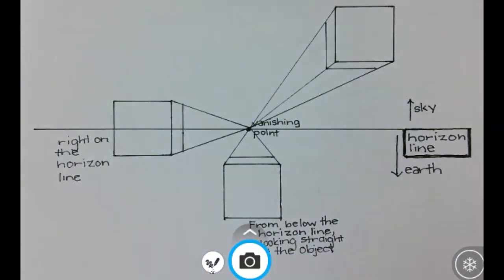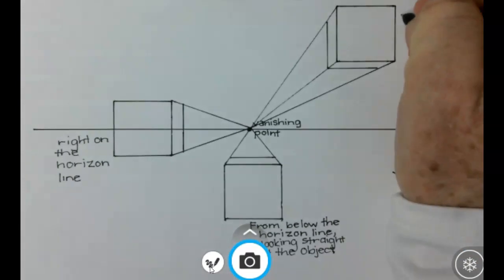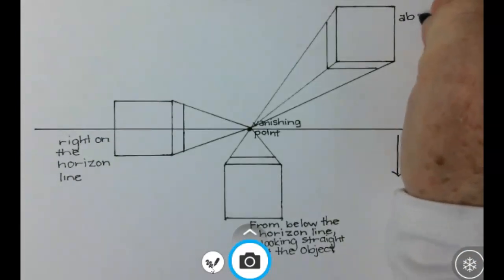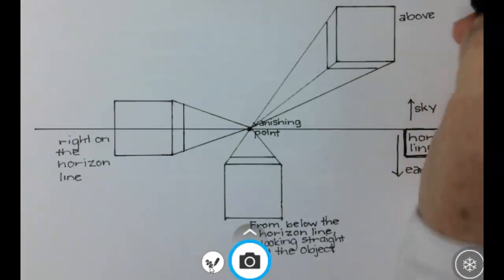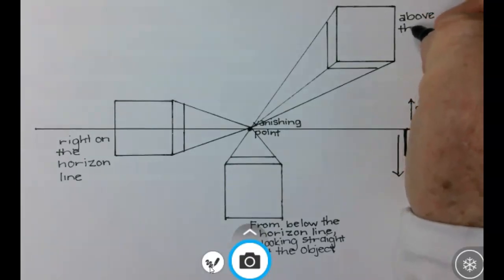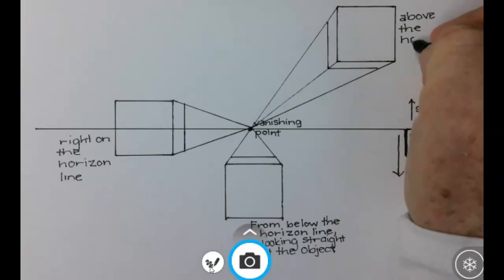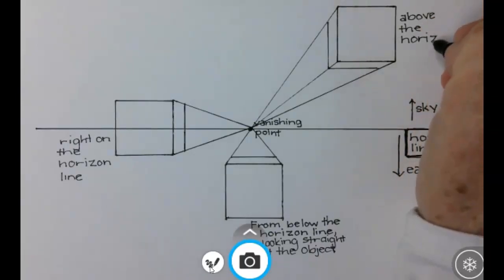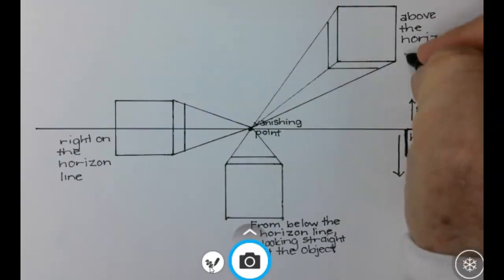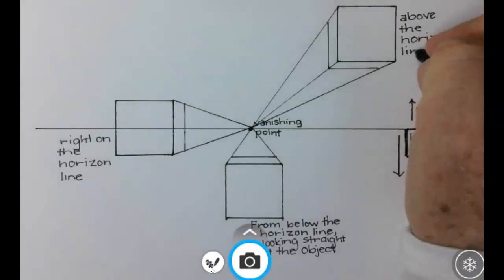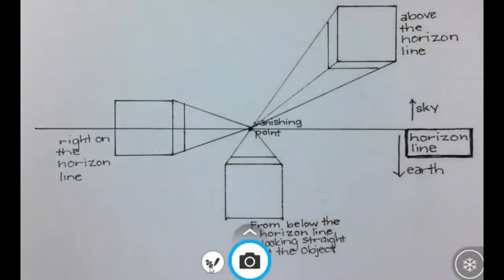But it starts to give you an idea of what objects look like in reference to the horizon line and to the vanishing point where things disappear from our view.